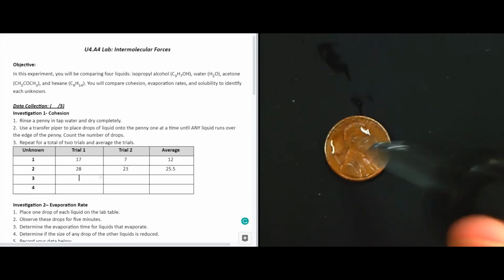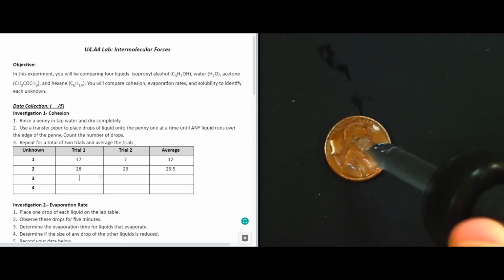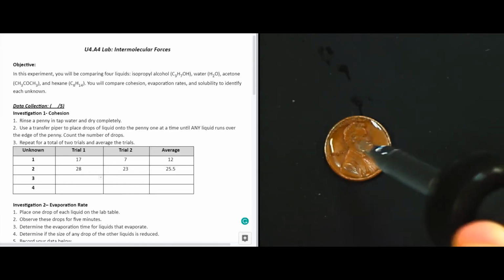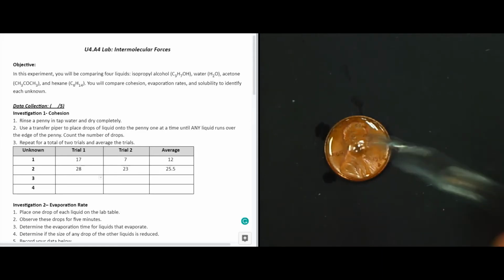Unknown number 3. 1, 2, 3, 4, 5, 6, 7, 8, 9, 10, 11, 12, 13, 14, 15, 16, 17, 18, 19, 20.